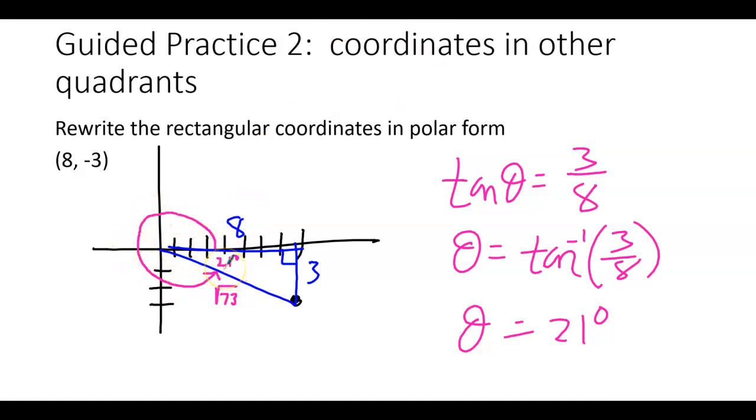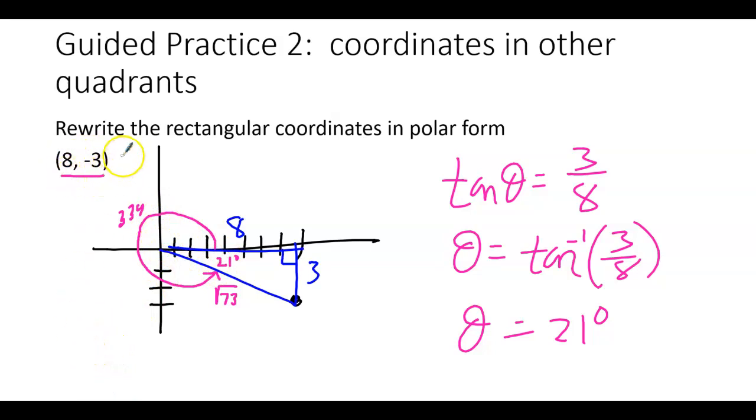What is that direction? If you need to pause the video to figure that out, go ahead and pause now. I'm getting 339 degrees there. Why? Well, because this is a full circle almost, just minus 21. So 360 minus 21 is 339. All right, so what is the final answer then? Because I still haven't written this out.